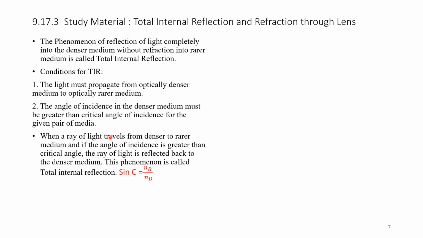When a ray of light travels from a denser to a rarer medium, and the angle of incidence is greater than the critical angle, the ray of light is reflected back into the denser medium. This phenomenon is called total internal reflection. It is given by the equation sin C = refractive index of the rarer medium / refractive index of the denser medium, where C is the critical angle.